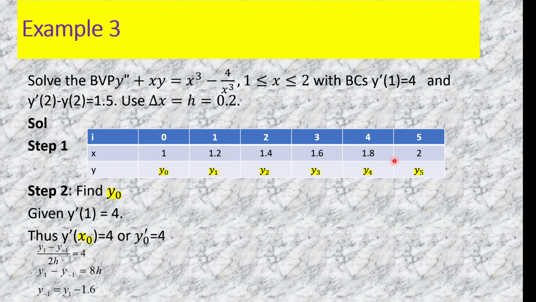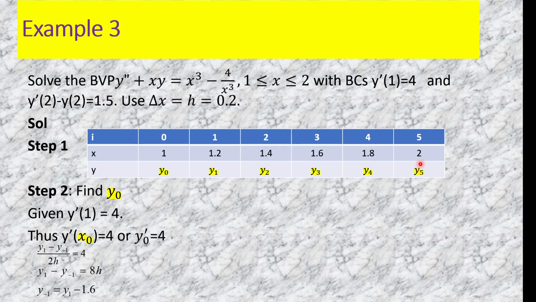So if y0 and y5 are known, then you just find y1, y2, y3, y4. But here y number 5 is given in terms of derivative form, which is y prime 2. Hence you need to solve y0, y1, y2, y3, y4, y5, which in total consists of 6 simultaneous linear equations.